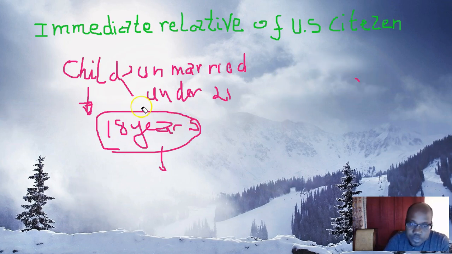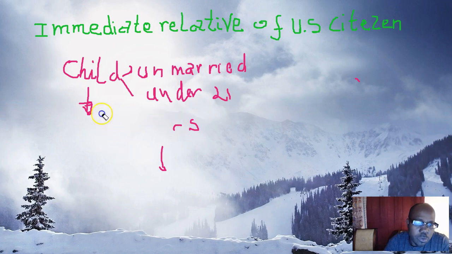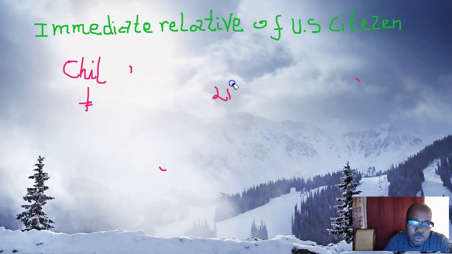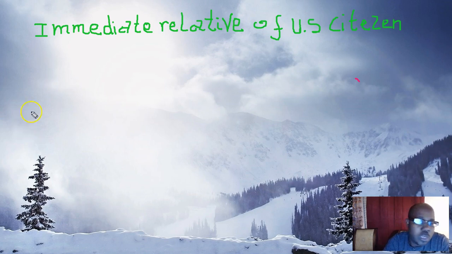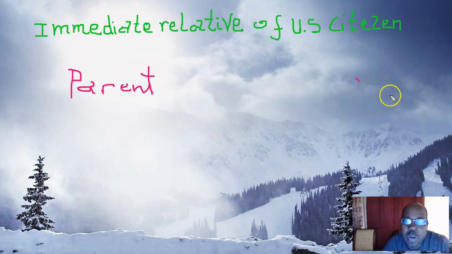Now, one more thing. Since we are talking about child, we know also some cases where the child is a US citizen, so let's see, I'm talking about parent. The parent, mother or father, is an immediate relative of a US citizen. So you can apply for your parent because your parent is an immediate relative.